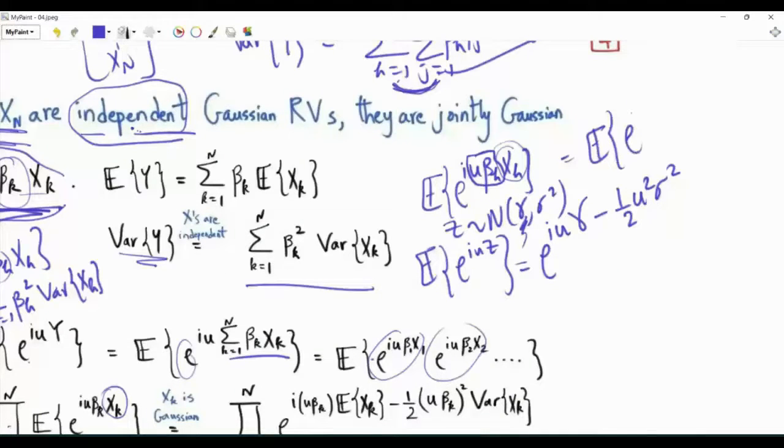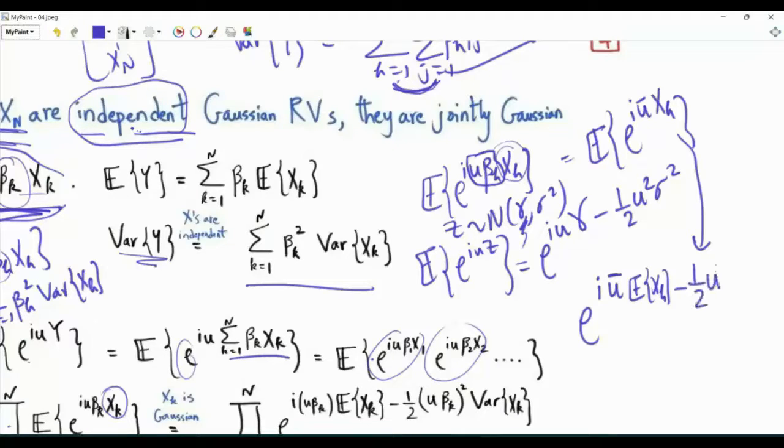So this is the expectation of e to the i u bar xk, right? And we know that xk is Gaussian, it's given. So this will be e to the i u bar times the first moment of xk, minus 1/2 u bar squared times the variance of xk.